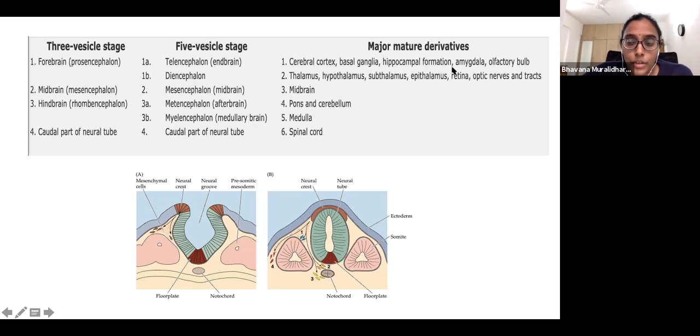It is also the region where the hippocampus is formed. It's the region where the amygdala is formed, which is involved in modulating fear. And then the olfactory bulb is formed at the very, very rostral end of this telencephalon. And the olfactory bulb is where all your neurons from the nose, the olfaction, come, and your sense of smelling happens here in the olfactory bulb.